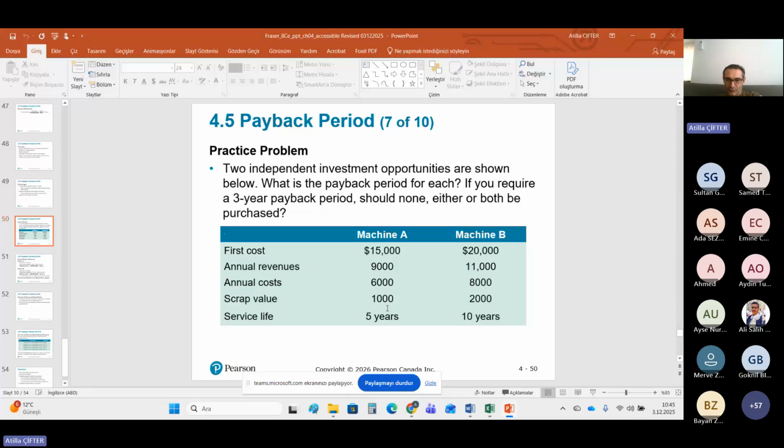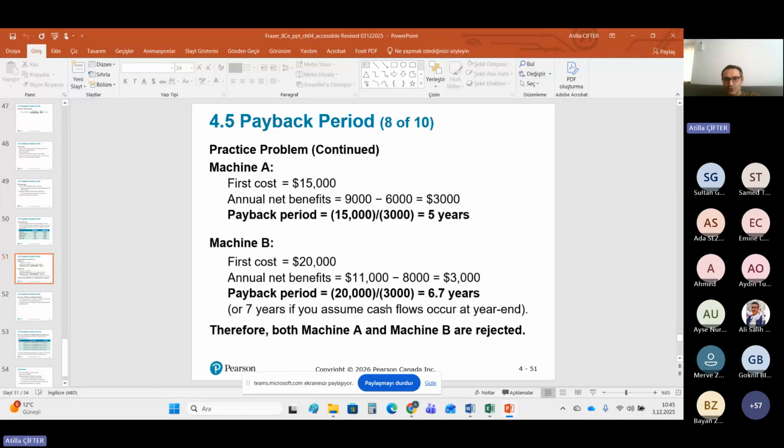So due to this problem, we do not even consider the scrap value. We only take the first cost and annual benefits in order to see the payback period. Therefore, it's a premature method. Usually, we should not have scrap value.